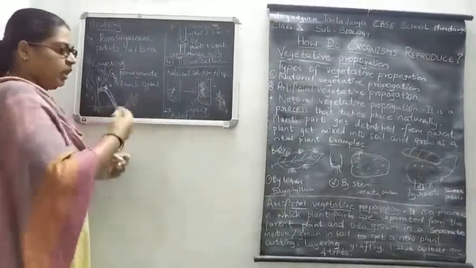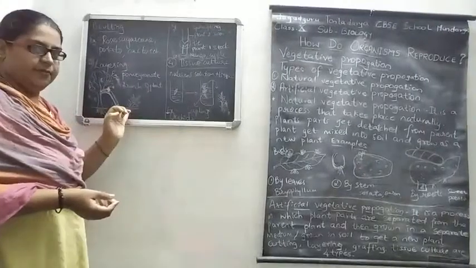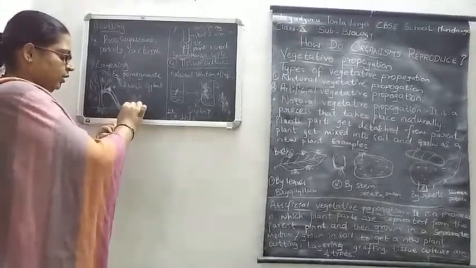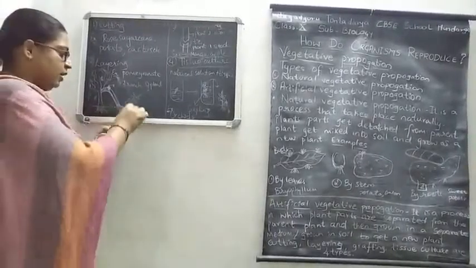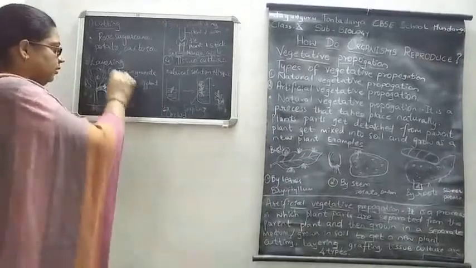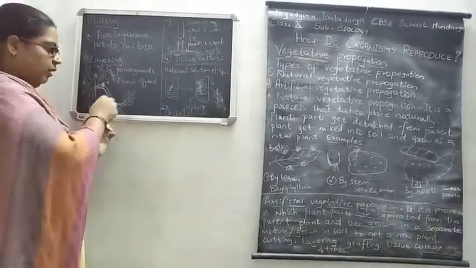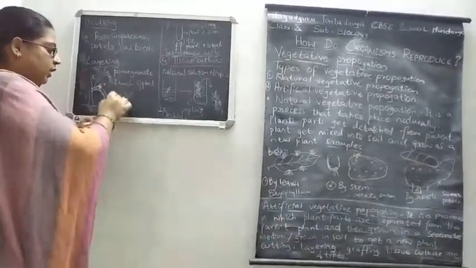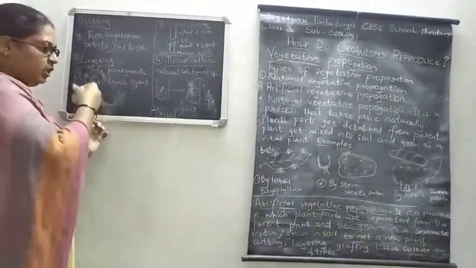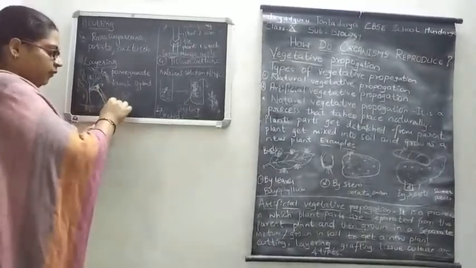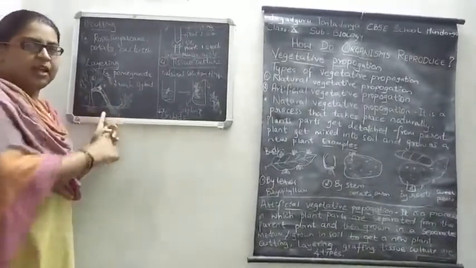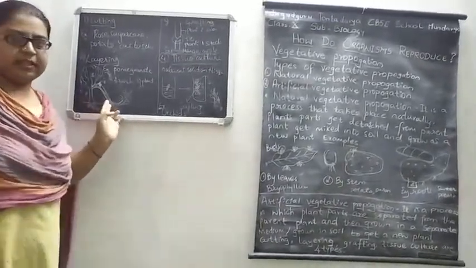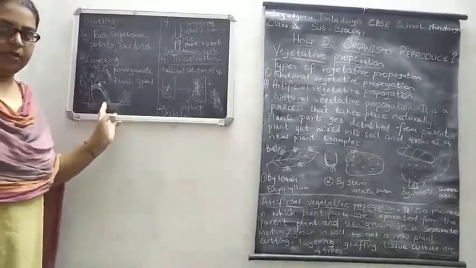After some days, what happens? The branch of the plant slowly develops small roots and a stem part. So this is layering. From the parent plant we select the branch and make it grow in soil. The plant branch is pulled and put in soil, and after some days it develops a small stem and roots.